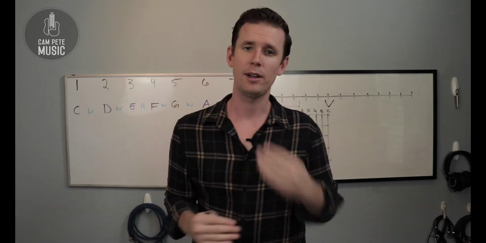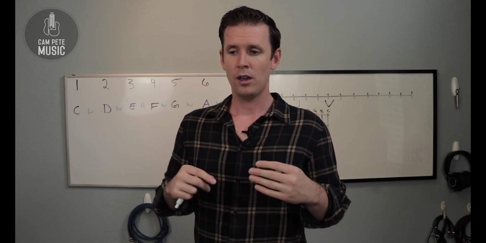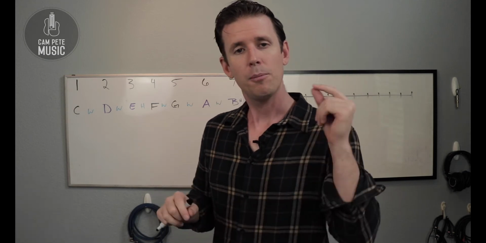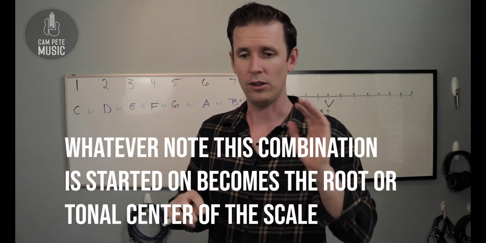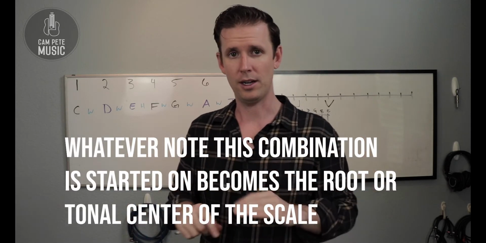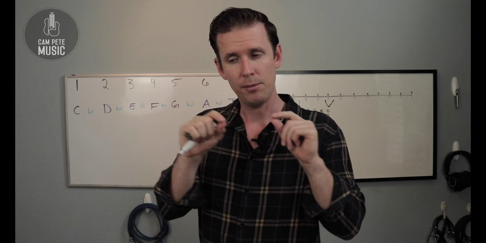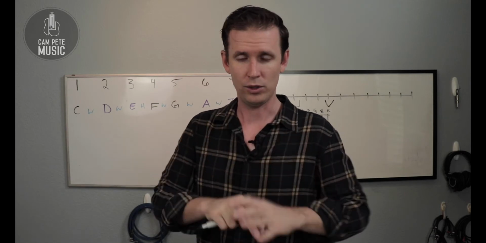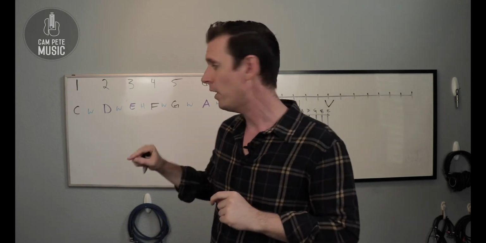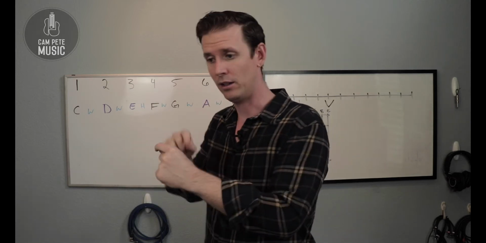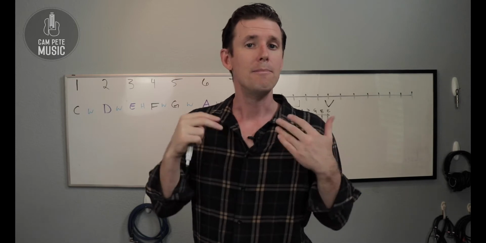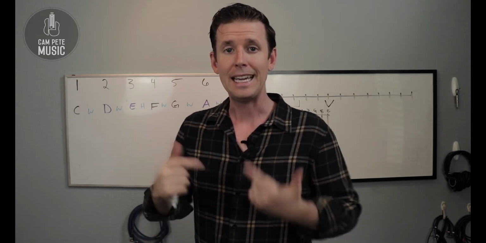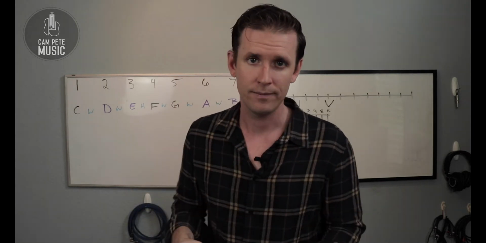Now, a couple of points about this. What this means is I'm going to pick a starting note. It could be any note on your instrument, on the piano, guitar, trumpet, it doesn't matter. If you can play a whole step and a half step on your instrument, whichever one it is, and you follow like a connect the dots pattern, this many steps, you're going to create a major scale in the key of the note you started on.